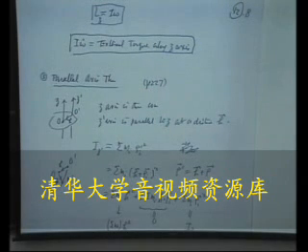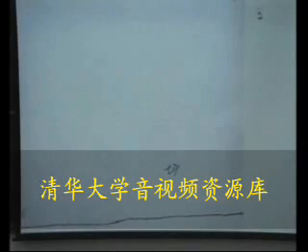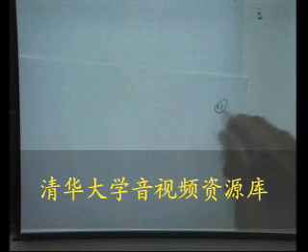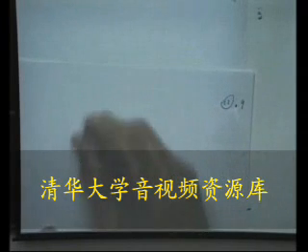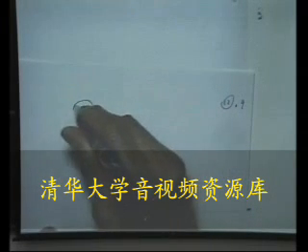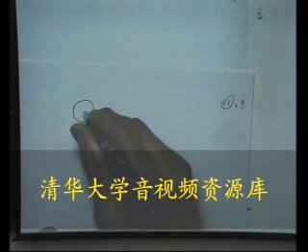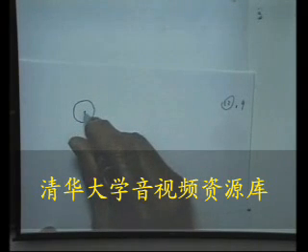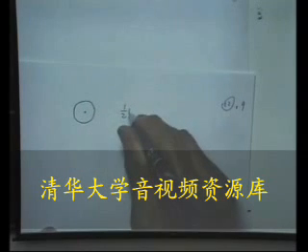That is called the parallel axis theorem. For example, if you have a circular cylinder, the moment of inertia around the axis is 1/2 mr squared.